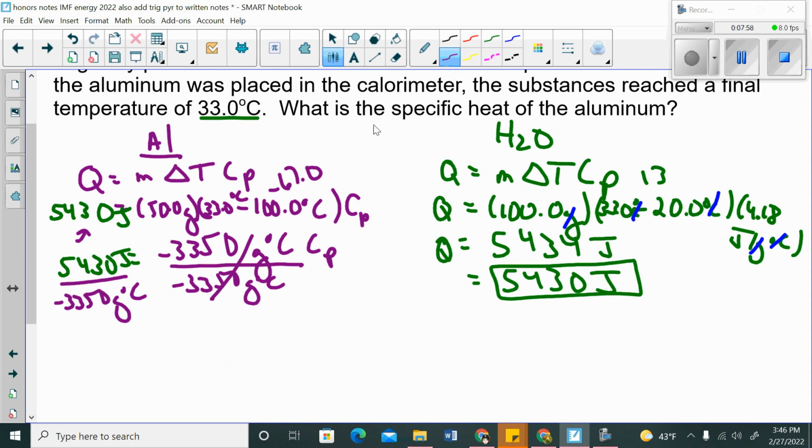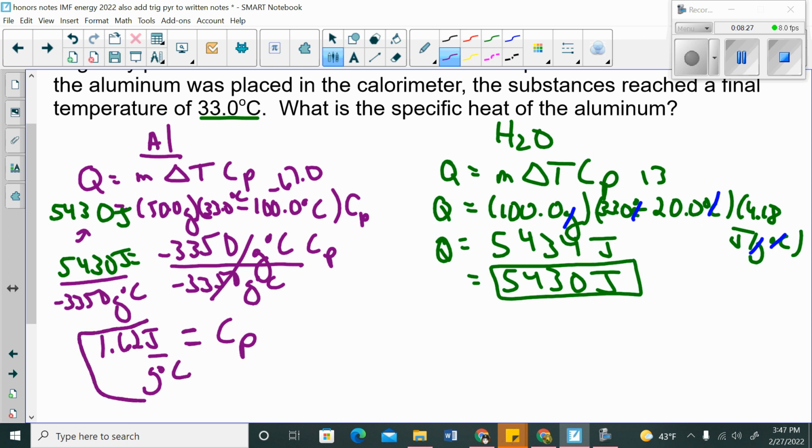Sorry, I'm going to get my colors. There we go. All right, now 5430 divided by 3350, and you get 1.62 joule per gram degrees Celsius.